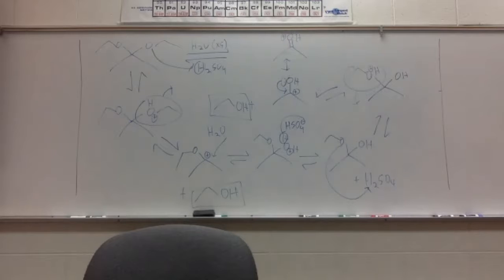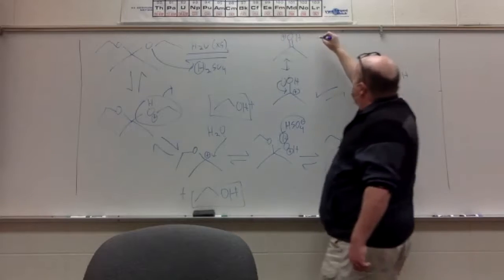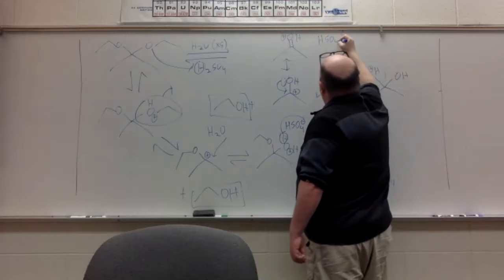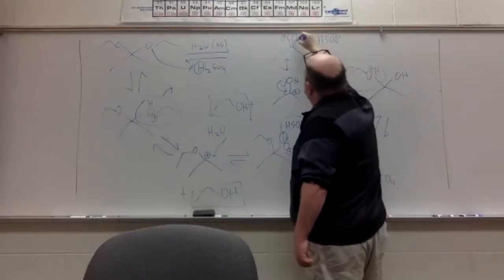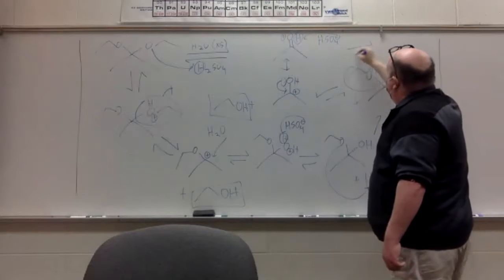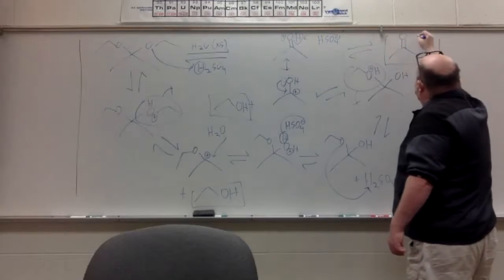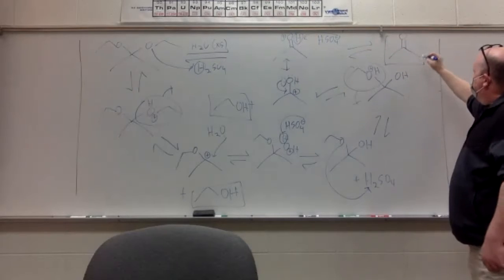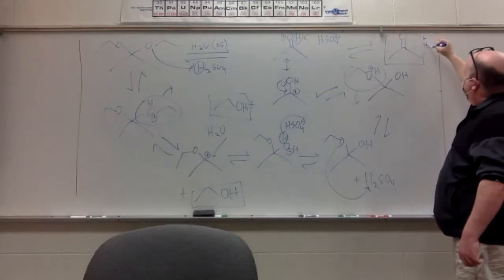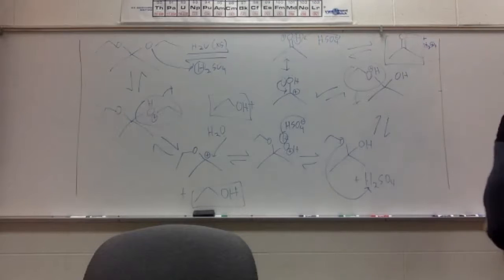And then the very last step is the HSO4 minus deprotonates that, and boom, you can see you have your ketone. So that's exactly what we did before, but backwards. And you can see we got our original acetone and two equivalents of it.